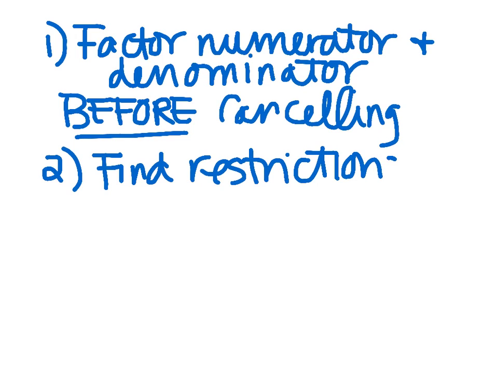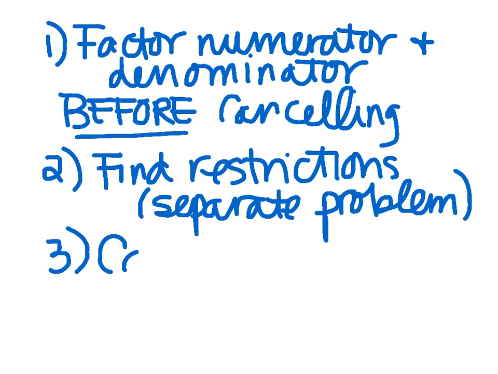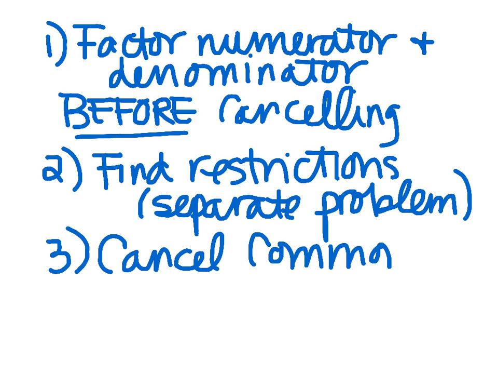You do it to the side. It's like a separate problem. And only when that's done do you cancel common factors. So let's see what this looks like in a more complicated problem.